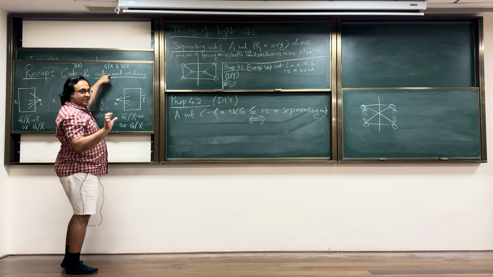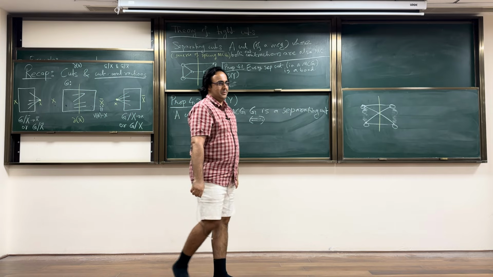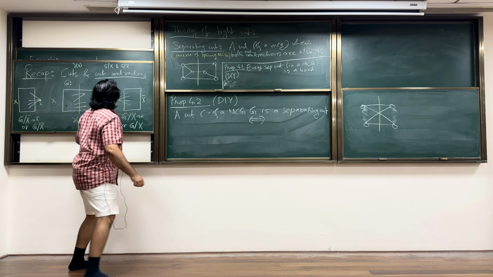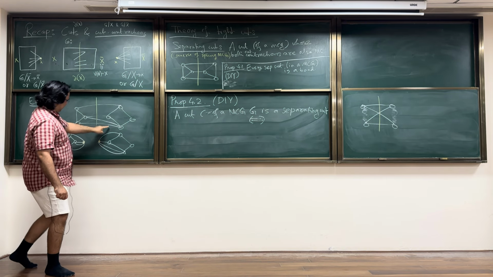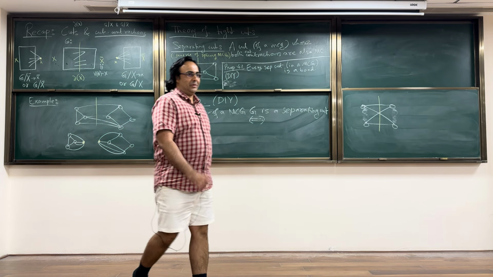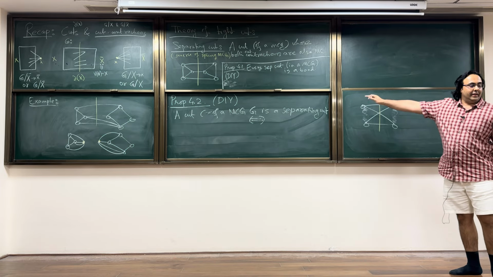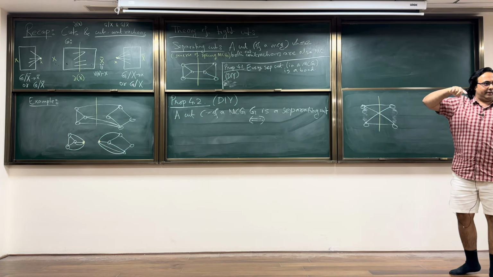So cut contraction just means take the shore and make it a single vertex, like I did here. You can call it vertex identification, but we will use the word cut contractions. One reason to use the word cut contractions is that almost always when we do this operation, the shore will be a connected subgraph.